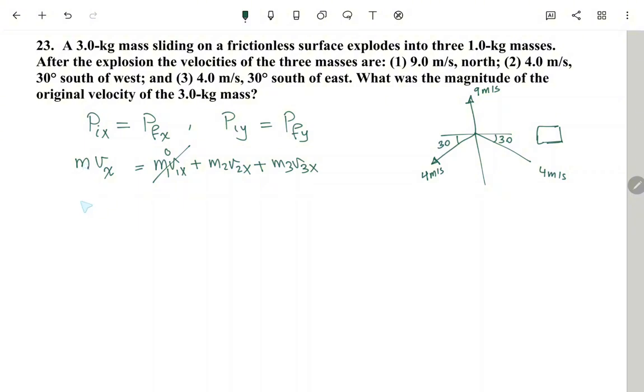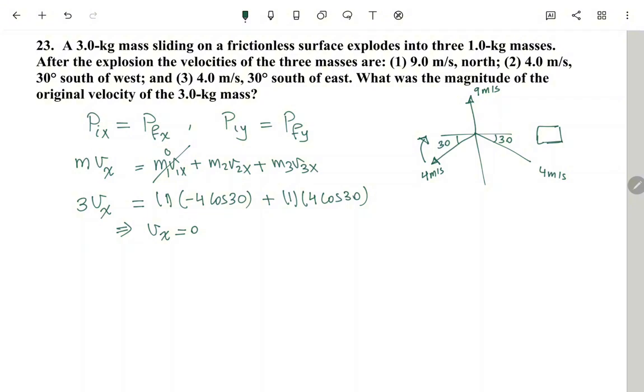Now, the total mass here, it's 3 Vx, which is the original speed for the 3 kilogram mass, equal to M2, it's 1, V2x, which in this case is minus 4 cosine 30. Now this one here, the x component, is minus 4 cosine 30 plus 1 times 4 cosine 30. And you do this, you will find Vx equal to 0.